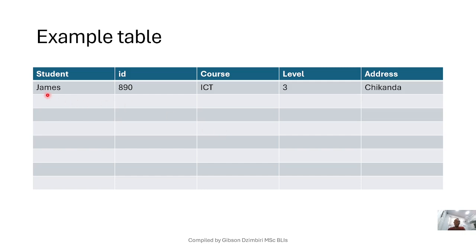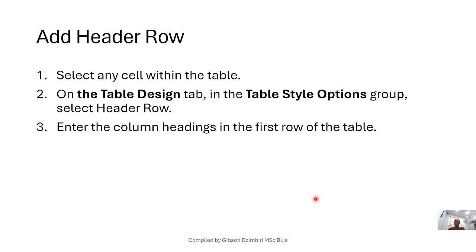So in this case, we have got this particular table, and you can insert information as you want. Then below here you can just right click and insert a row if you want it to be below, or else if you want to add a column here, that is also possible. You can also add a header row.